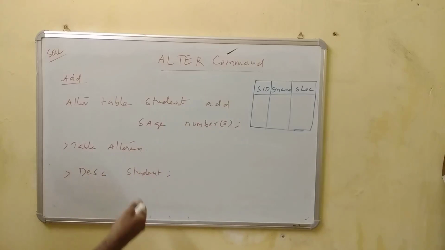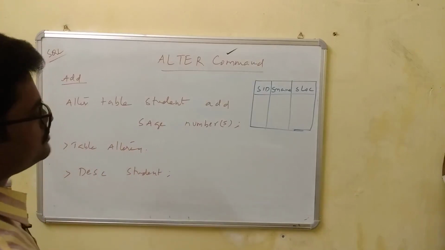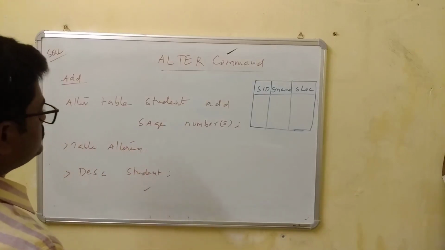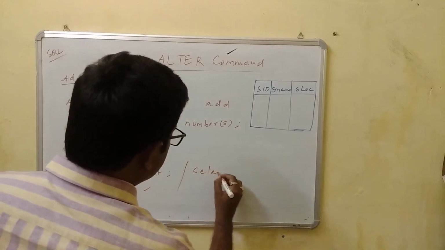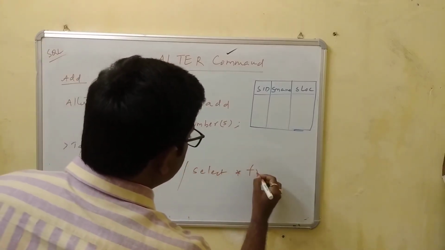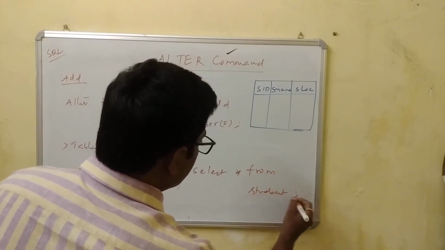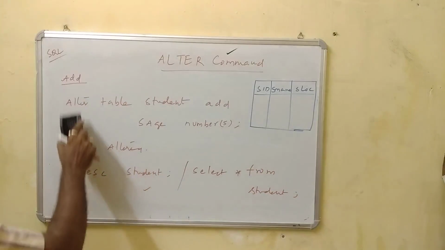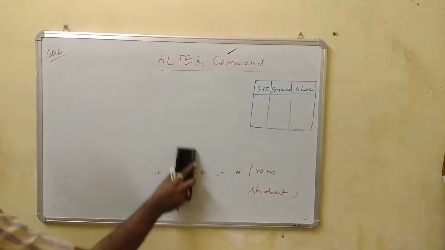We already worked on this in the create command. In all the commands we have already done it. You can refer to the previous videos for what is displayed, or else you can also type select star from table name student. So this is how to add a new column.